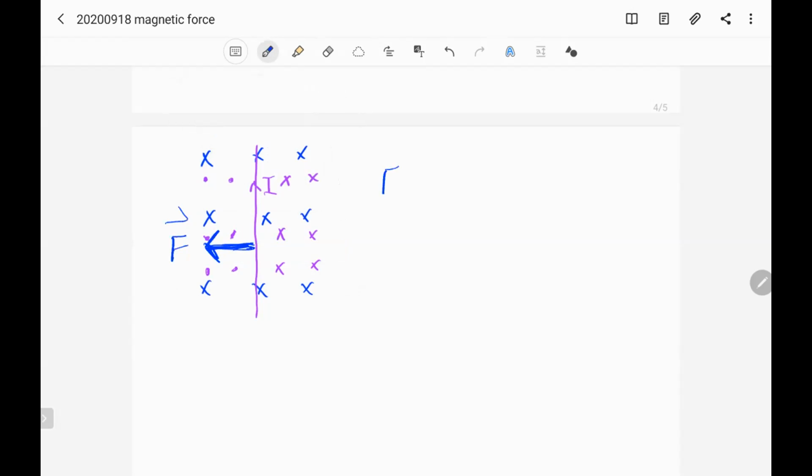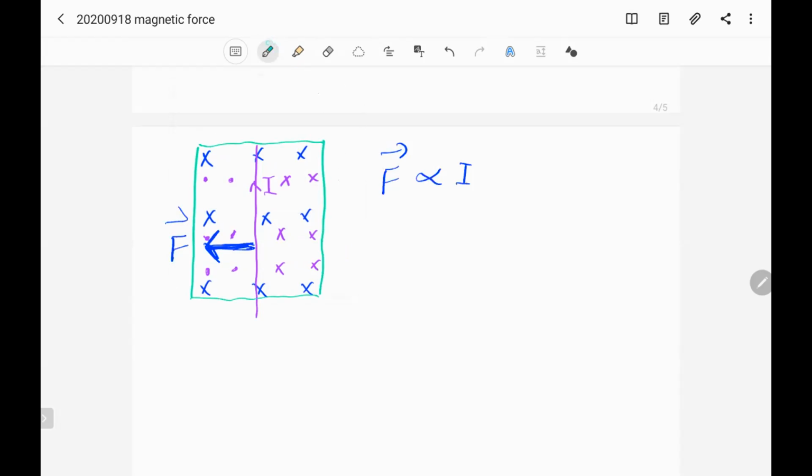The force from the experiment is proportional to the current and proportional to the length of the current inside the magnetic field. In reality, the magnetic field has a region, so there's a border of the magnetic field.